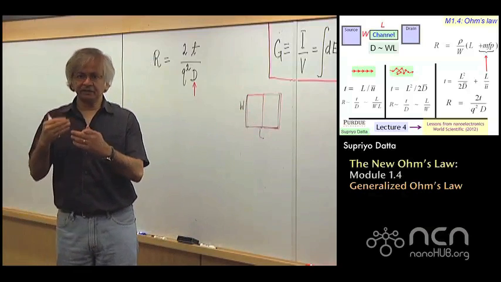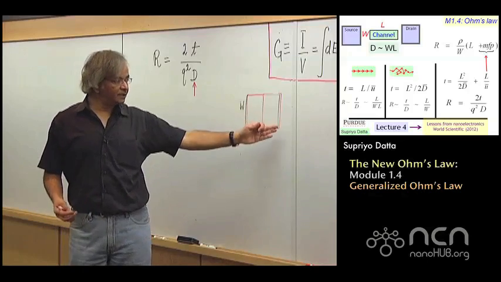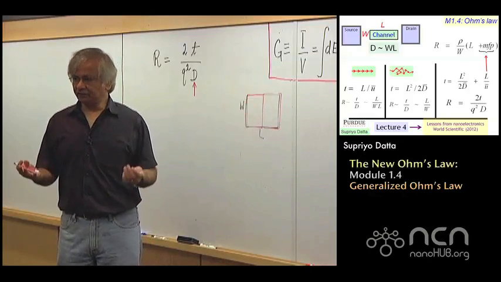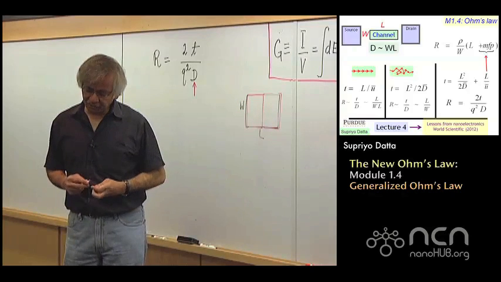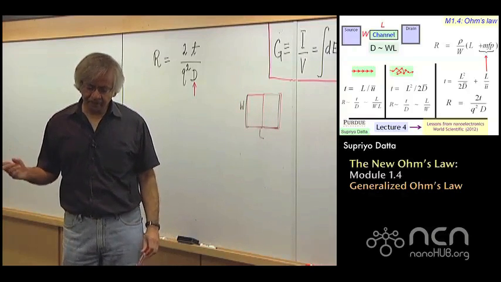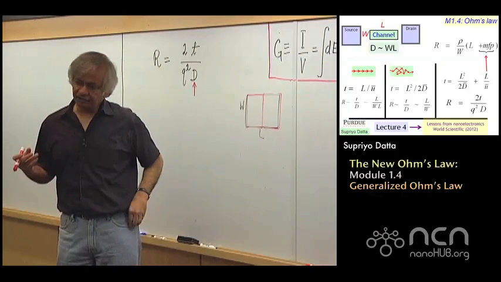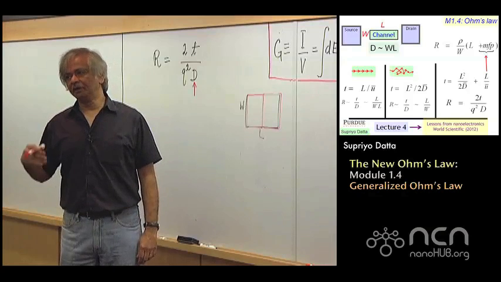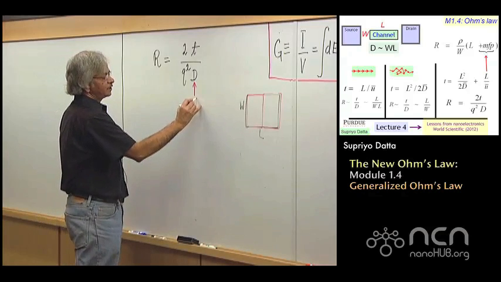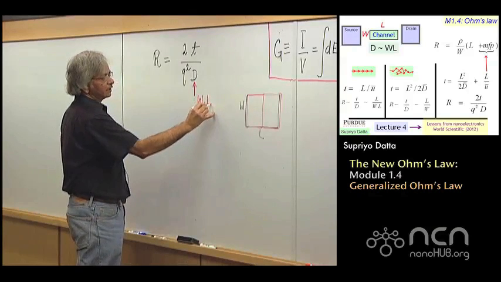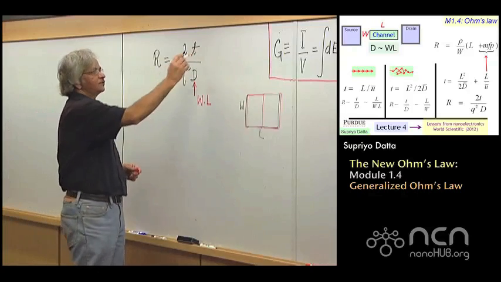So basically, the number of states, this density of states function D, just depends on the total area of that conductor, or if it was a three-dimensional thing, you'd look at the volume. In fact, that's why when we talk about big conductors, people don't just give you the density of states per unit energy, they give you the density of states per unit energy per unit volume. So this D, we expect it to depend on W times L. Well, what about the transfer time?